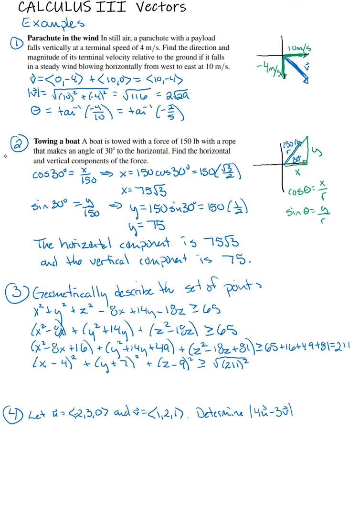Notice this is an equation of a sphere. Its center is 4, -7, 9. Watch it, that 7 is negative. And its radius is the square root of 211.